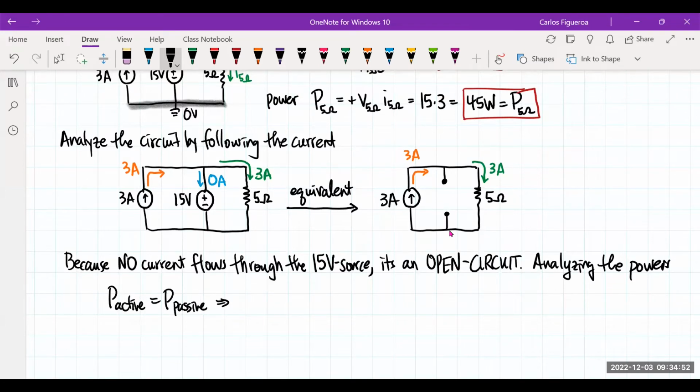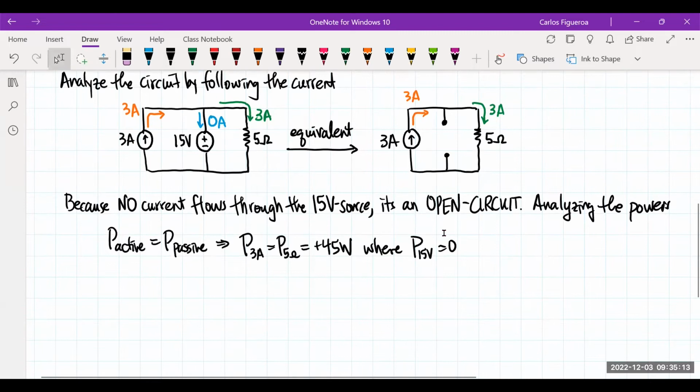That implies that all of the power comes from the 3 amp source, and it all goes to the 5 ohms, which is 45 watts, where the power of the 15-volt source is equal to 0.